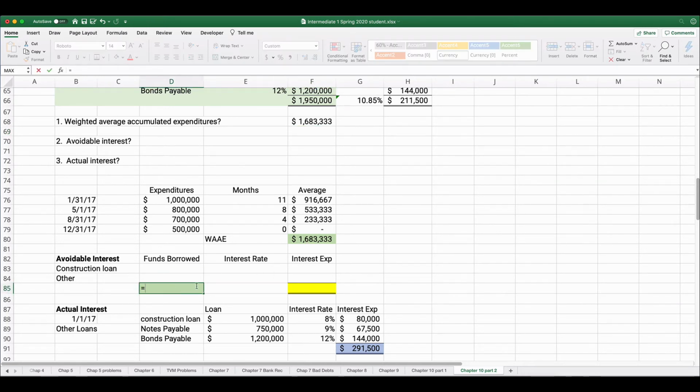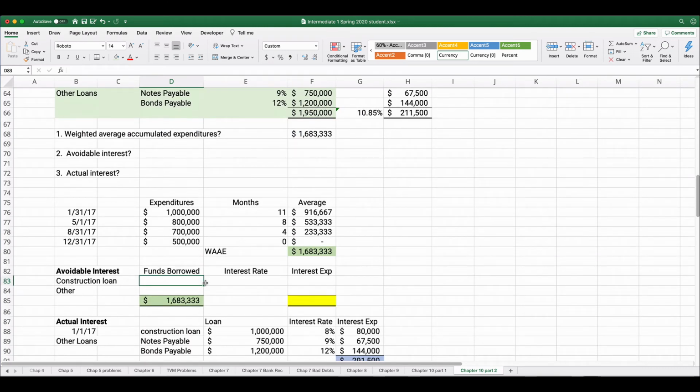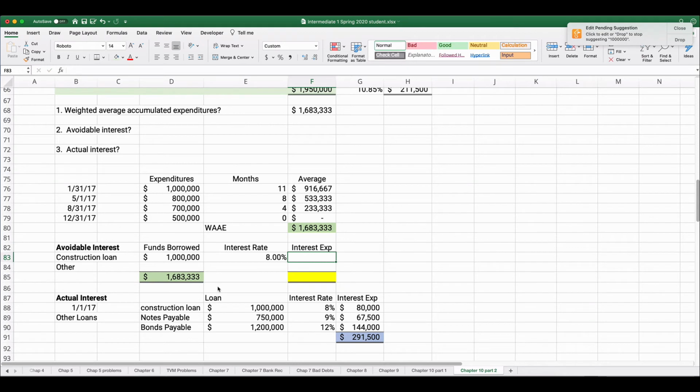So what's our avoidable interest? Well, it is the 1,683,000. Now the construction loan in this example is only $1 million. So we've got $1 million here in the construction loan. The interest rate on the construction loan is 8%. Now we need the other. We could have paid off that other amount of loans, and the weighted average of that would be 1,683,000 minus the 1 million.